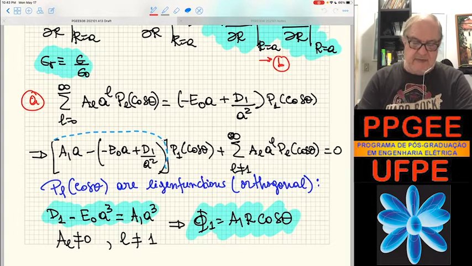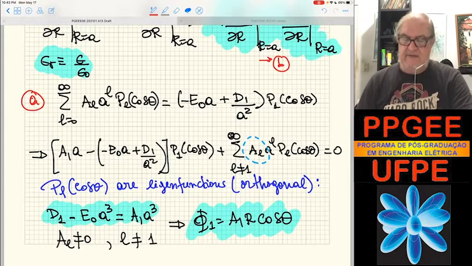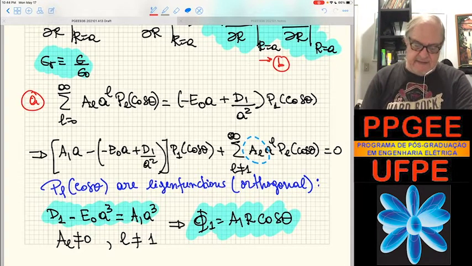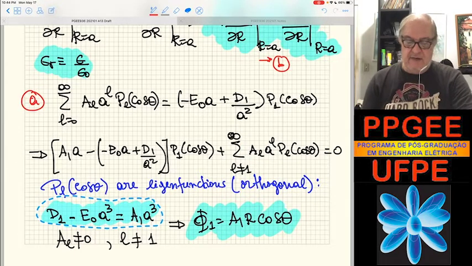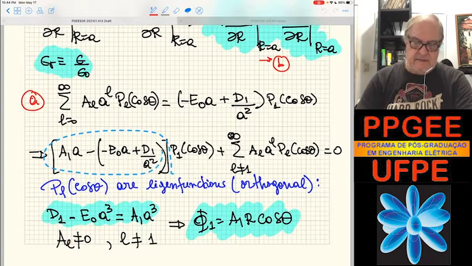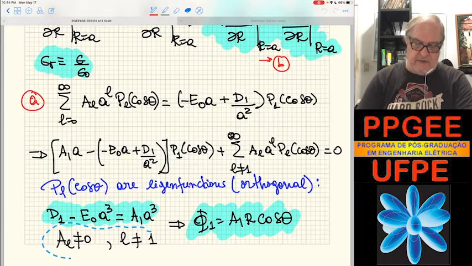So this term has to be set to 0, and all the terms A_L with L different than 1 will be 0 as well. So we have this one equation here, which came from that one, and all the remaining terms are 0.